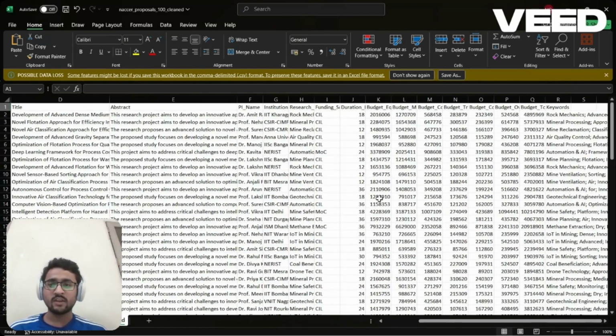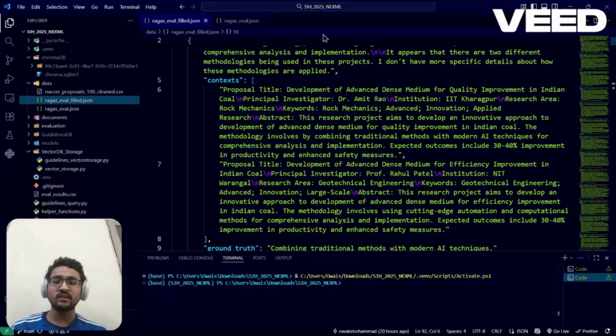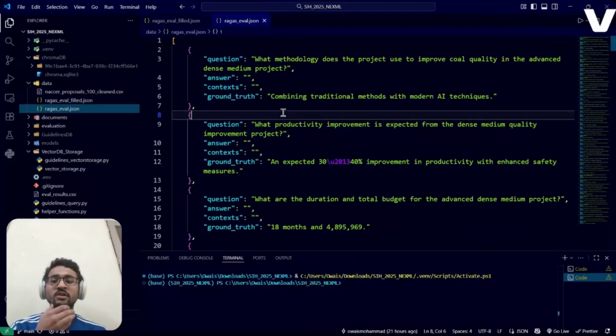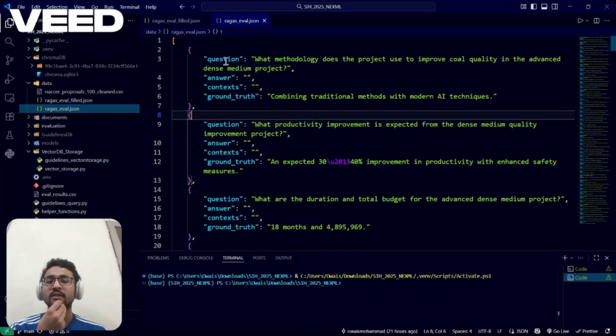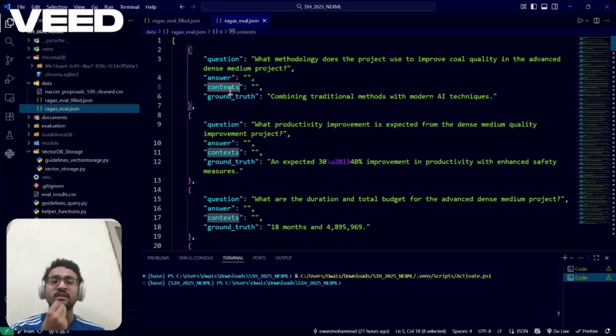And we had various attributes for each of the proposals like abstract, institute, research, budget, and various budgets. So we stored all of this in a vector database. And then what we did was, using this dataset, we created another synthetic dataset for evaluation of our RAG pipeline. So this dataset consisted of question, answer, context, and ground truth.